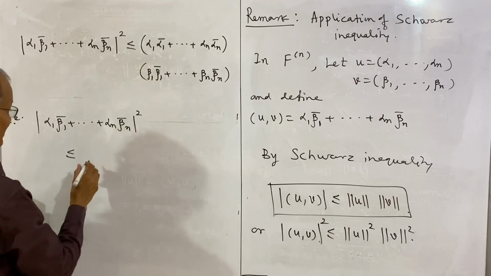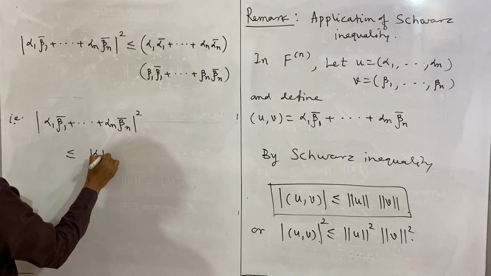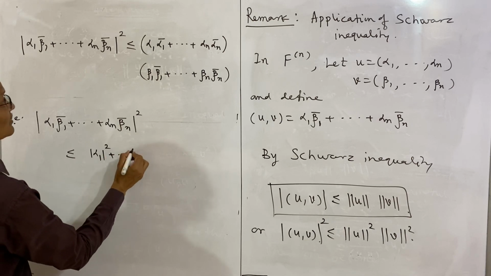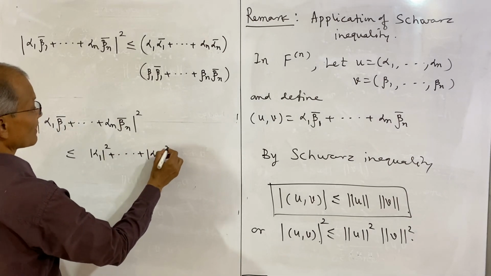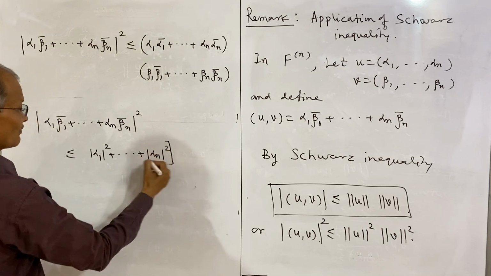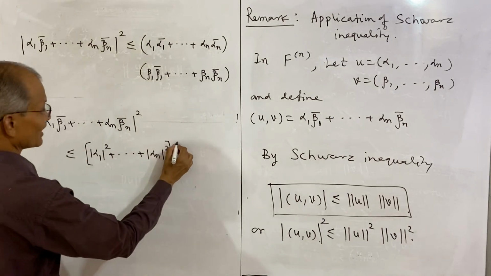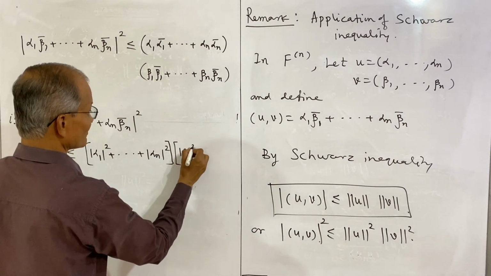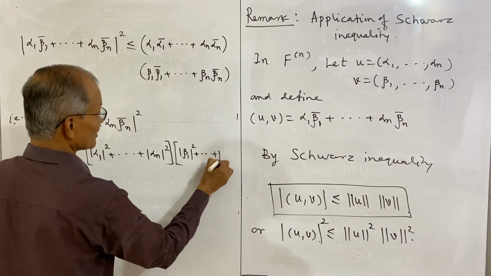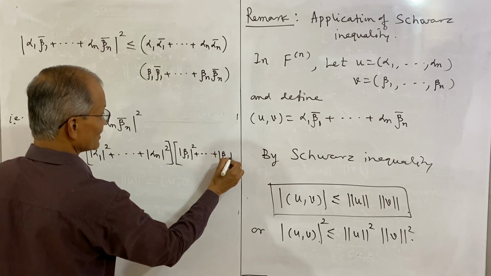What is the first expression? That is mod alpha 1 square plus so on up to mod alpha n square, in one bracket, and in another bracket it will be mod beta 1 square and so on, the last being mod beta n square.